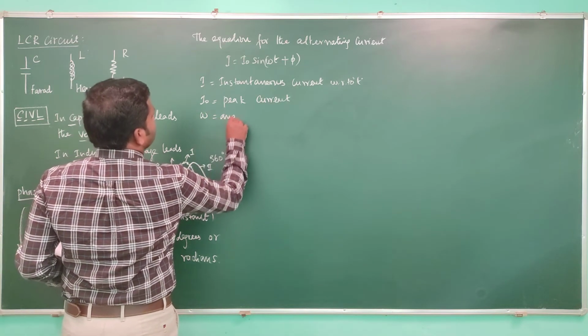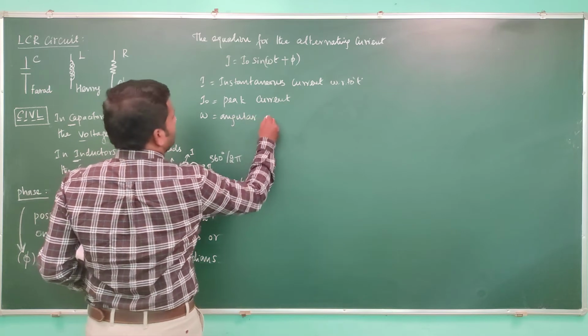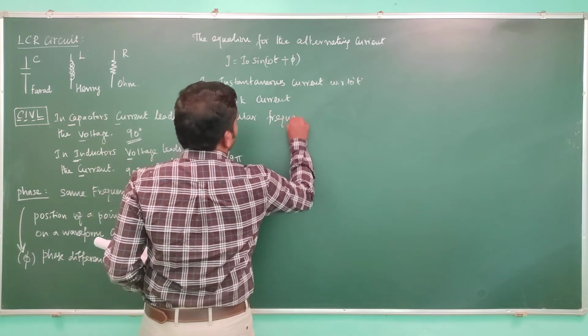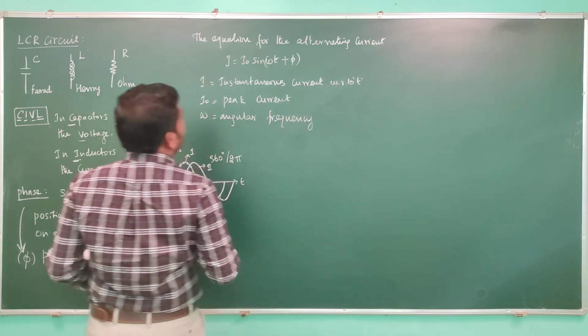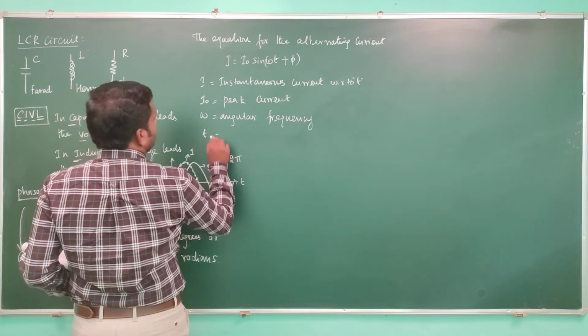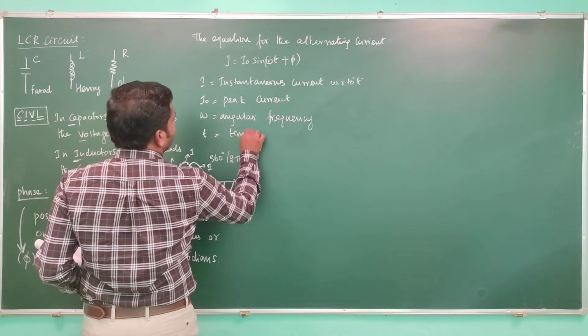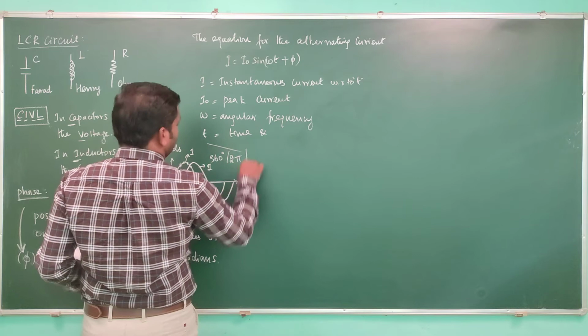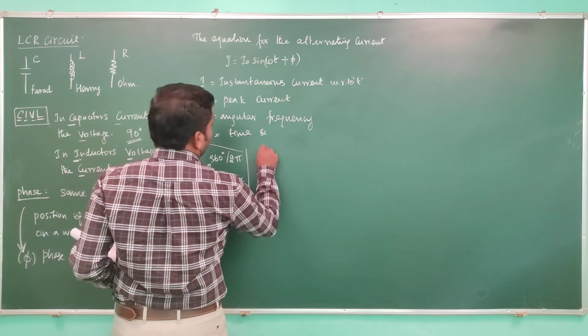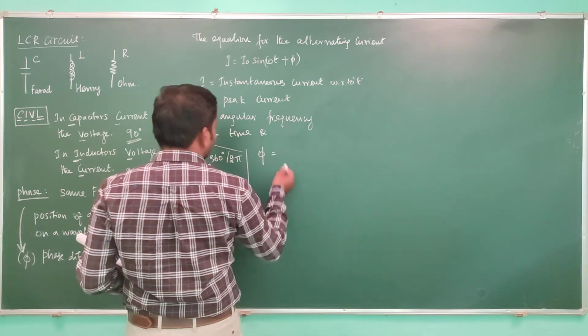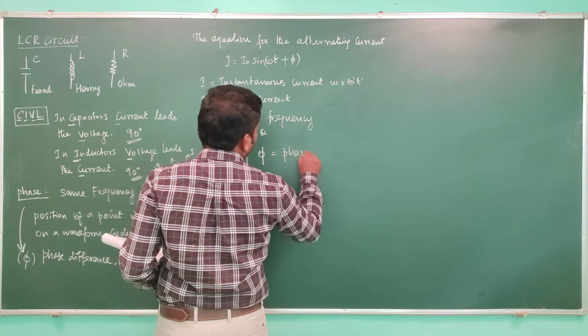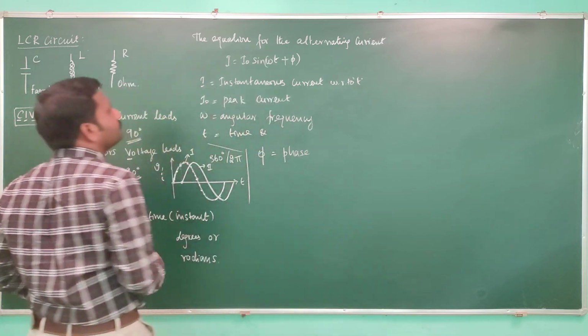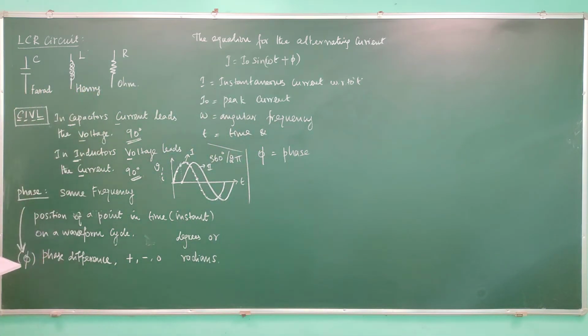Omega is the angular frequency, t is the time, and phi is the phase.